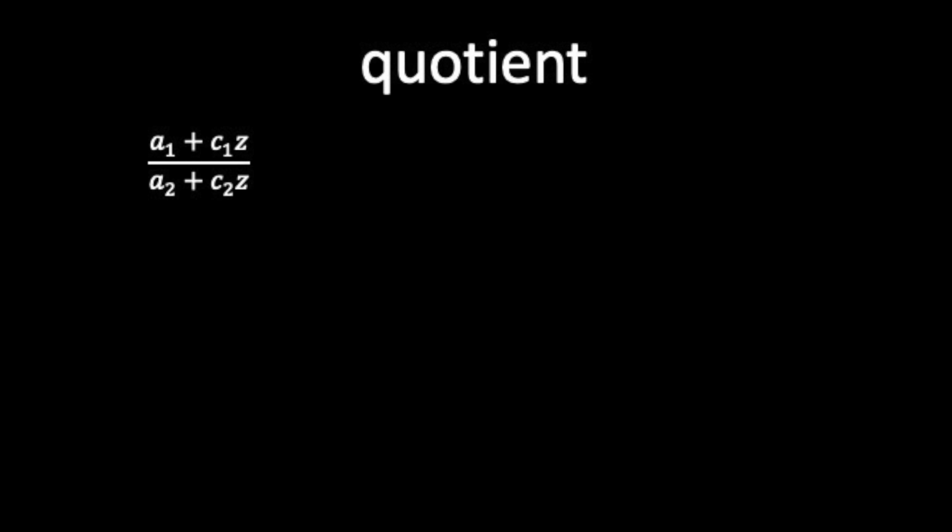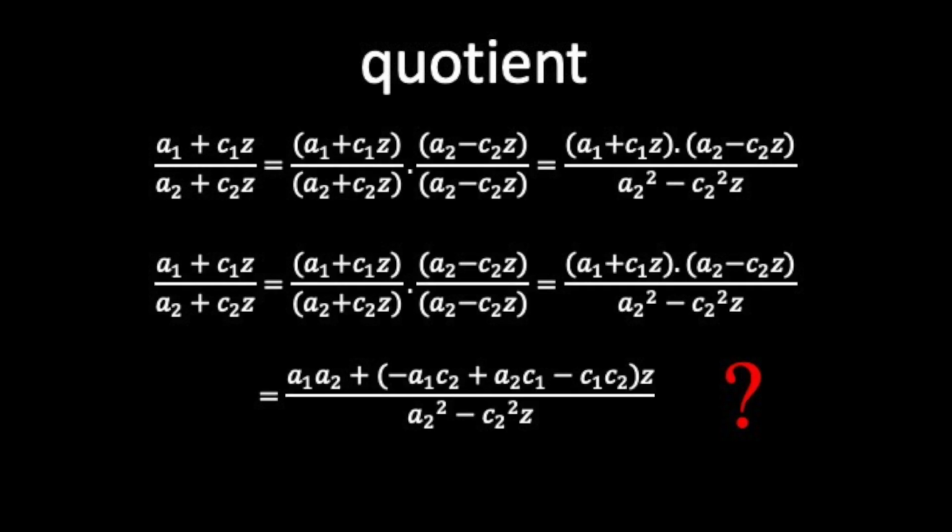Now, unlike in the case of complex numbers, if we start to work out this division, we end up with a number that looks very complicated, and that doesn't make any real sense. So we'll conclude that the division of real zero numbers, and therefore also the division of hypercomplex and meta-complex numbers, is undefined.